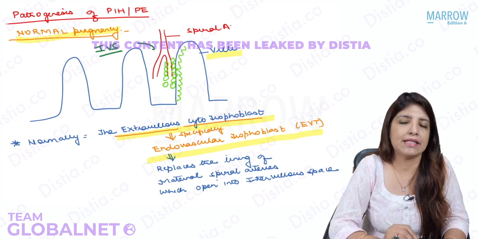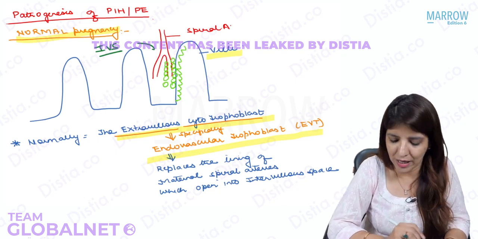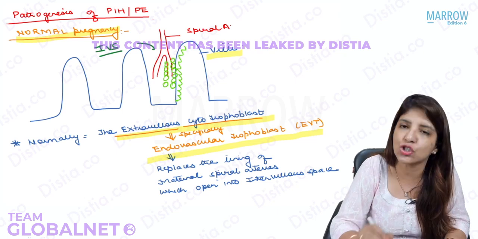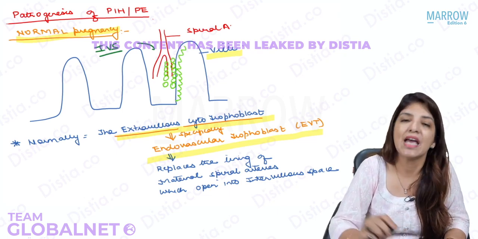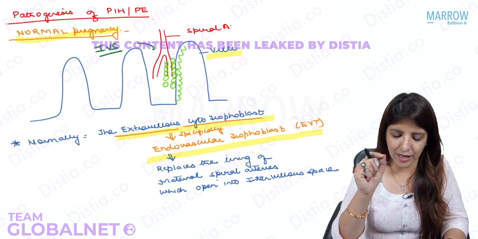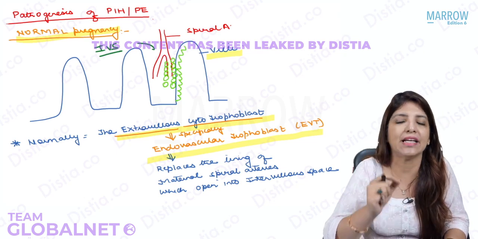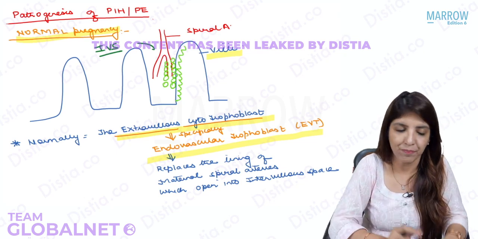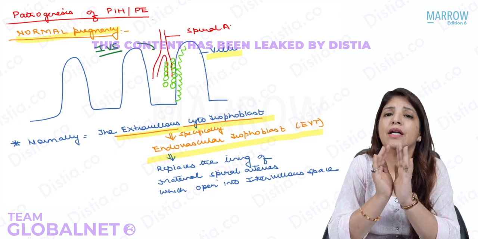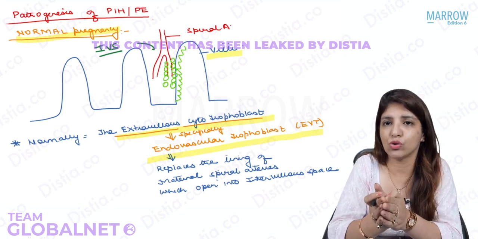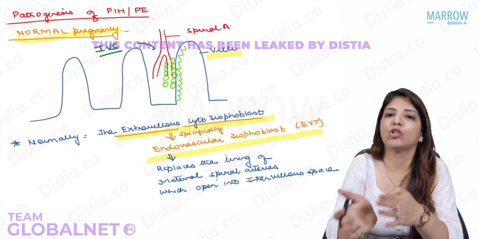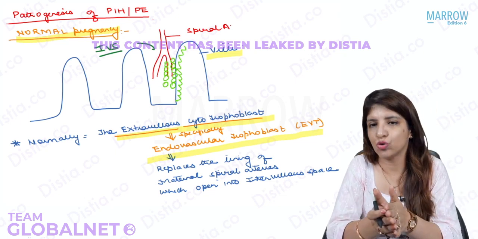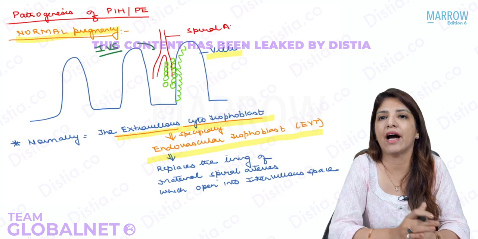What happens is that the cytotrophoblast, which cytotrophoblast? The extravillous cytotrophoblast. And not just the extravillous cytotrophoblast, specifically the endovascular trophoblast.